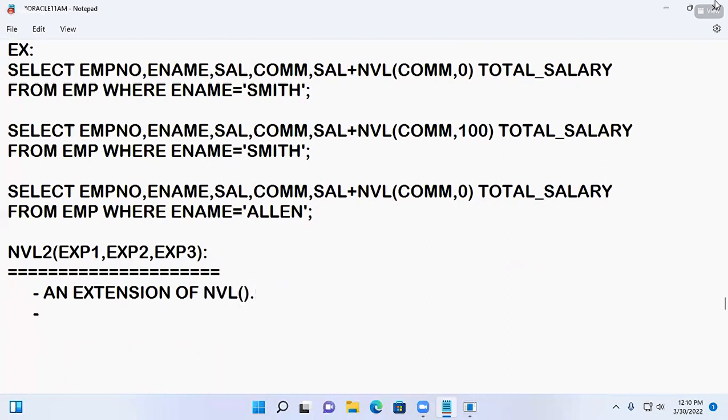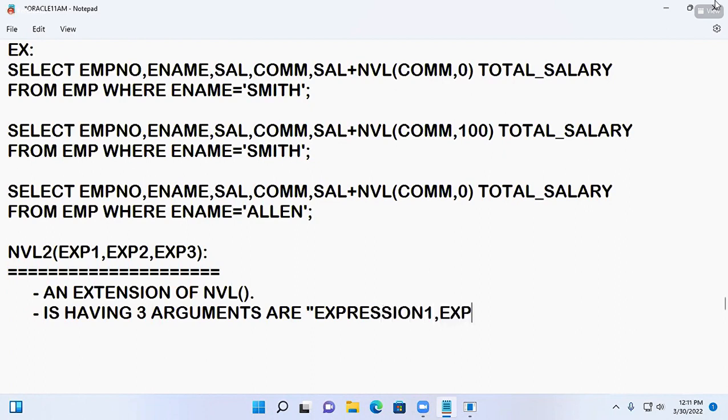This function has how many arguments? 3 arguments. What are those? Expression 1 comma expression 2 comma expression 3. These are the 3 expressions.